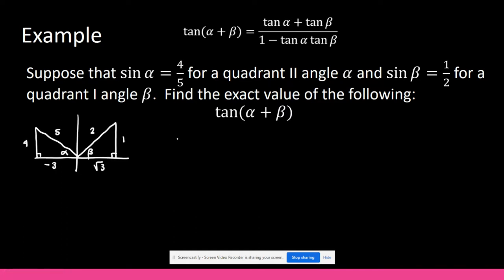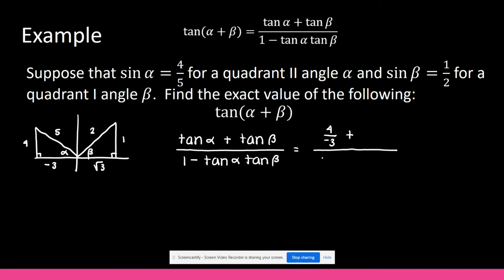All right, so if I know that tangent of alpha plus tangent of beta goes on the top, all over 1 minus tangent of alpha times tangent of beta, I'm going to look at my picture. We'll start with the alpha, so the second quadrant. We know that tangent is opposite over adjacent, so that's going to turn into 4 over negative 3.